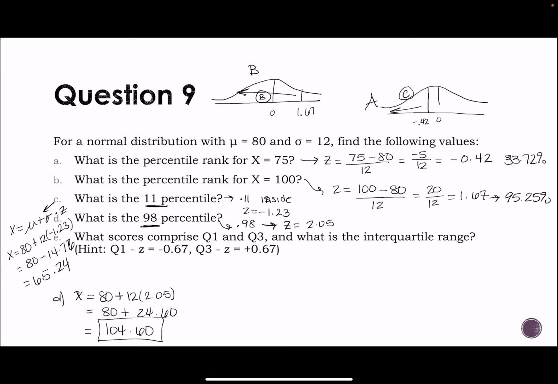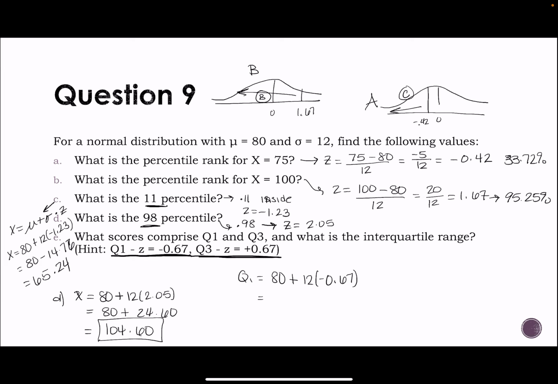Now for the last one here, notice it's giving me my Q1 and my Q3 z-scores. So for Q1, we do the same thing we just did for C and D. So we're going to do 80 plus 12 times a negative 0.67.